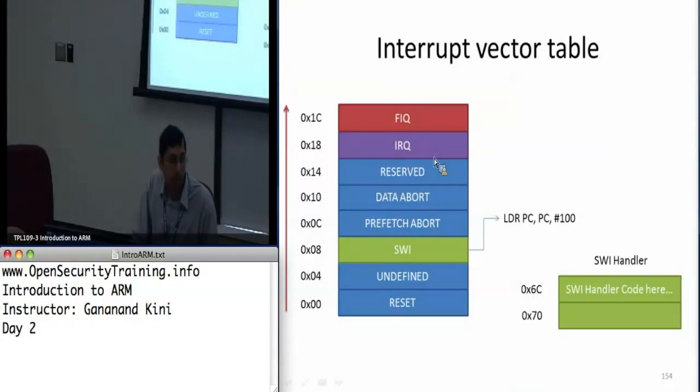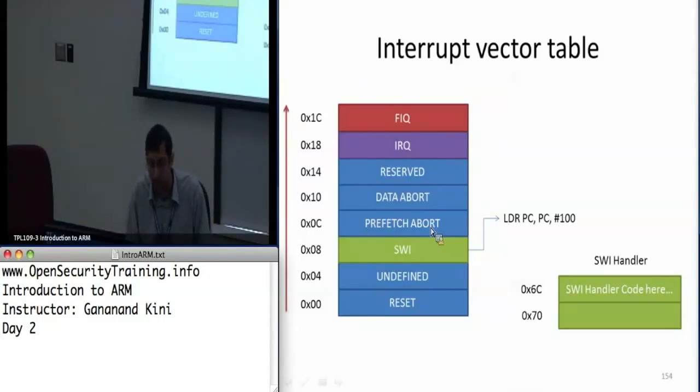Generally, you'll see LDR PC, PC 100. When the PC is pointed to hex 8, it'll look up hex 8 plus hex 64, which is decimal 100, add the 2, and load that into PC, and then jump to your SWI handler code, which is located at hex 6C. And here you can actually write a full piece of code, because in the vector table you don't have much space, you just get one instruction.